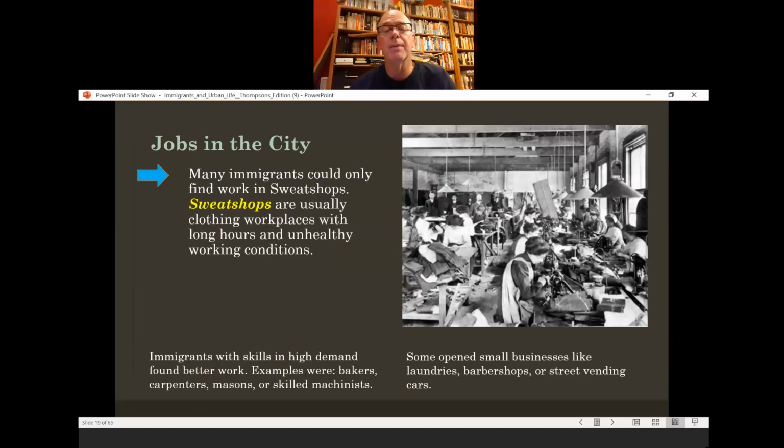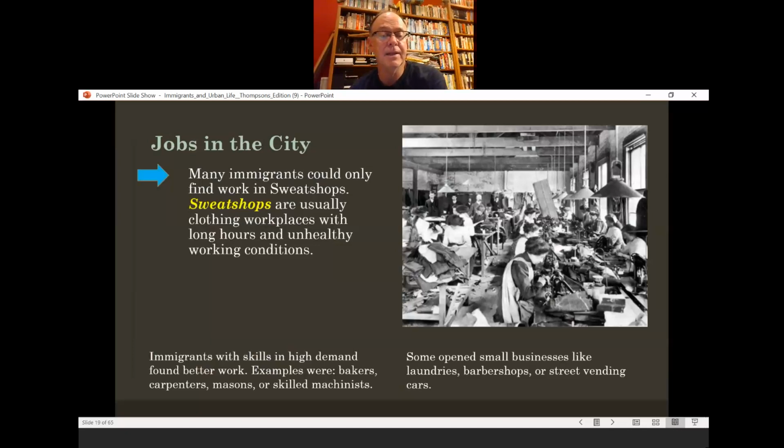The ones that were known to be making clothes got the nickname sweatshops. And that's an easy name to remember because these are workshops where you are sweating all day long. So sweatshops is a common name for these places.